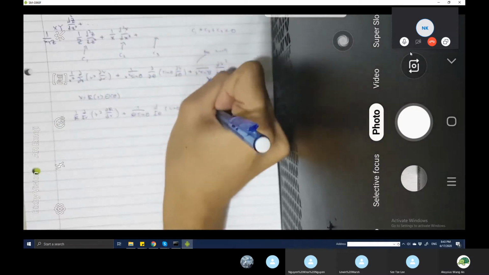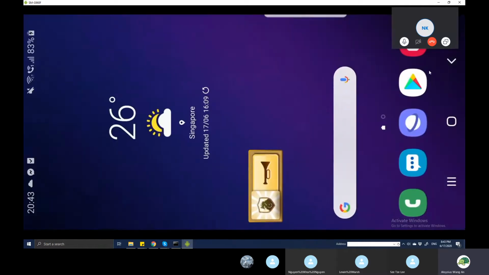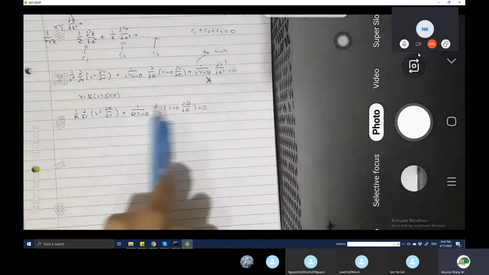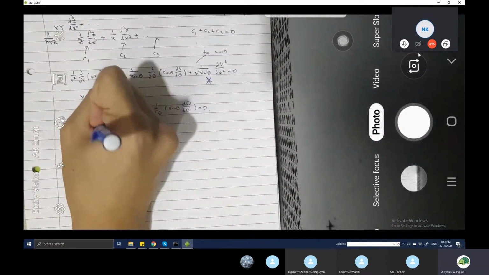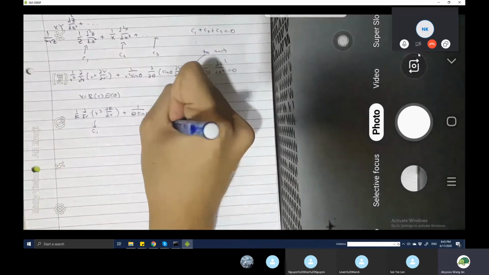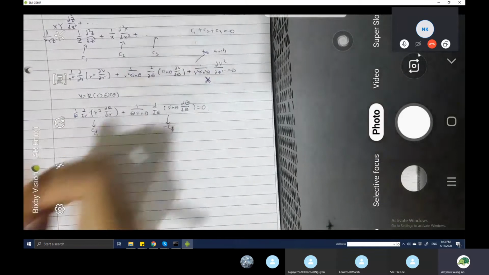And once again, we invoke the same logic. The first term is nothing but r's. The second term is nothing but theta. So in order for their sum to be a constant, this must be a constant C1, and this must be a constant minus C1. Actually, because there are only two, no need for the subscript, lah.